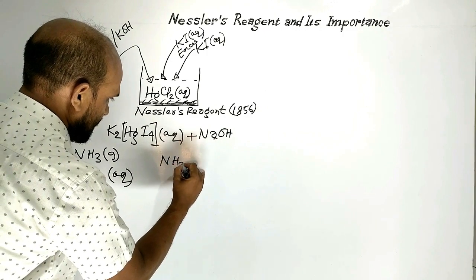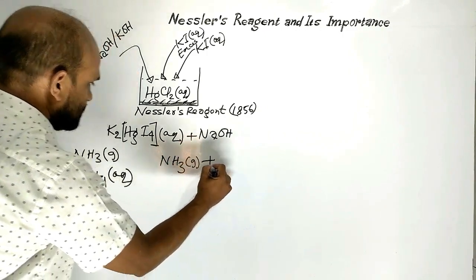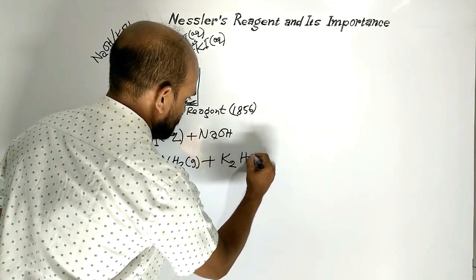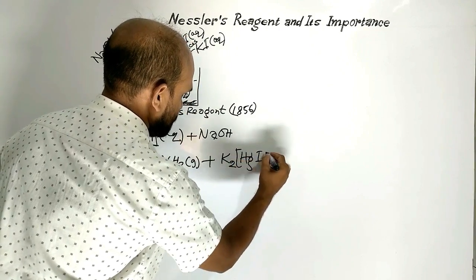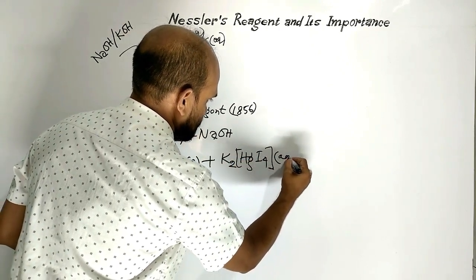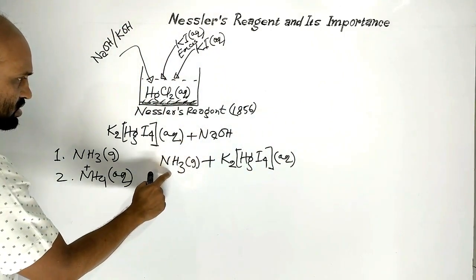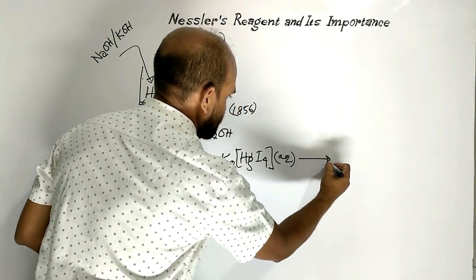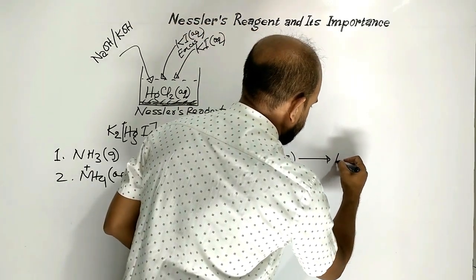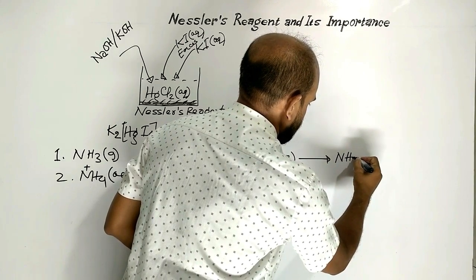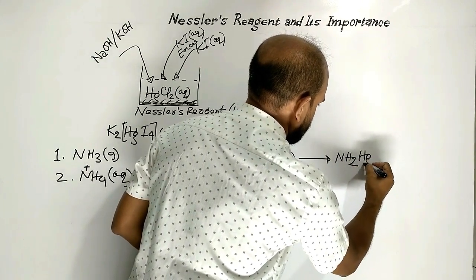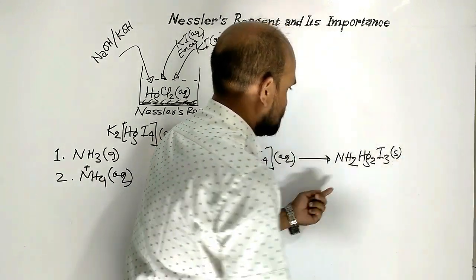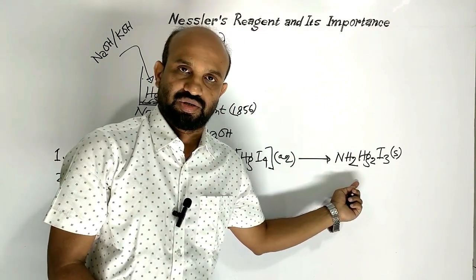When ammonia gas is passed through Nessler's reagent, potassium tetraiodomercurate 2, then immediately a brown precipitate of this compound is formed, amino mercuric iodide, which is not soluble in solution.